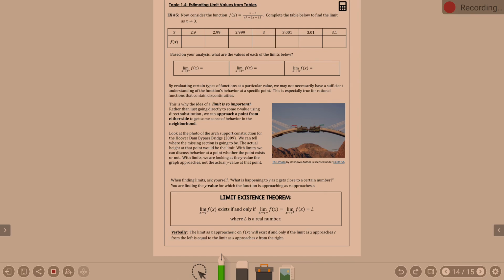We don't have a graph, so we can use a table. So the idea here is that if we evaluate what the function is when x equals 2.9, so what am I saying that we would do? Plug it in, yes? You are confident to use a calculator, so I can just tell you the value, right? Sure. Why am I doing it? Saving time.